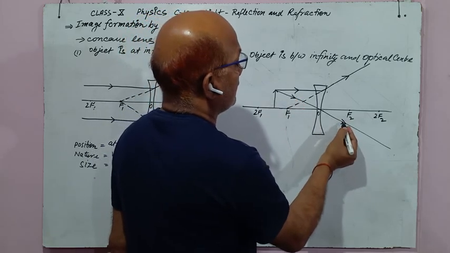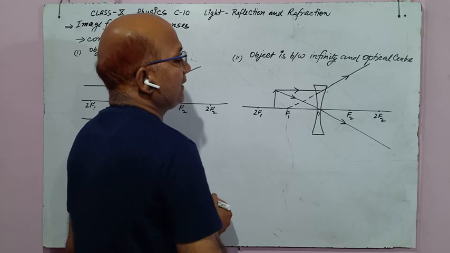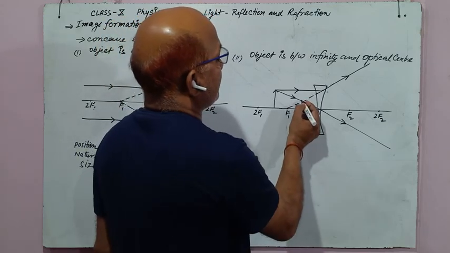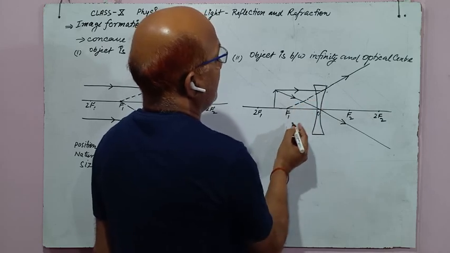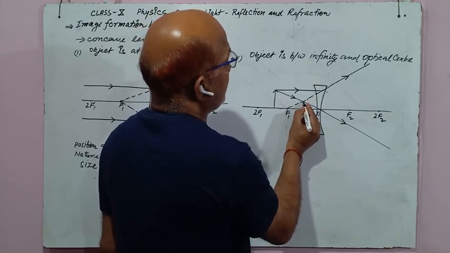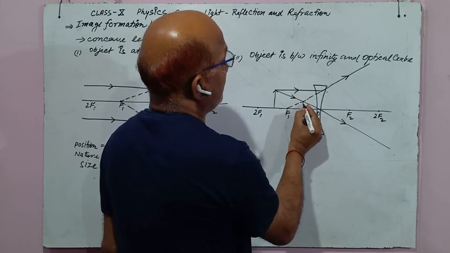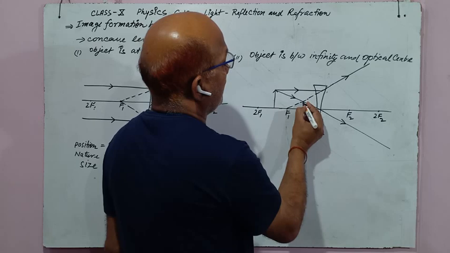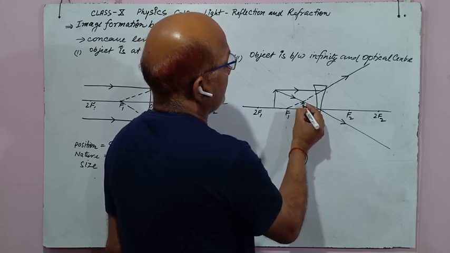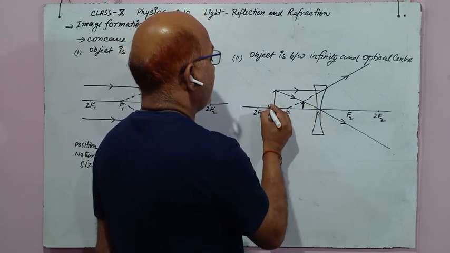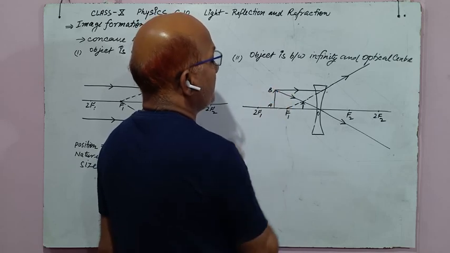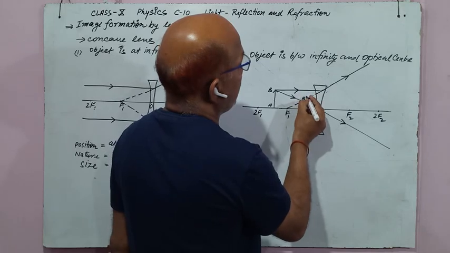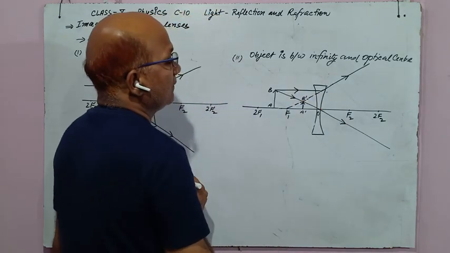As you know, the ray which passes through optical center passes without any deviation. Now you can see the two rays are intersecting at this point. So here is the image. Let AB is object. So A dash, B dash is image.